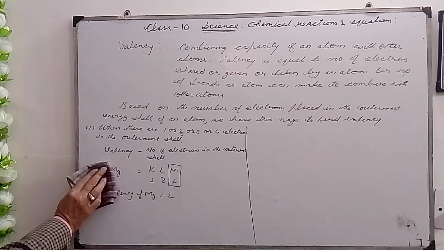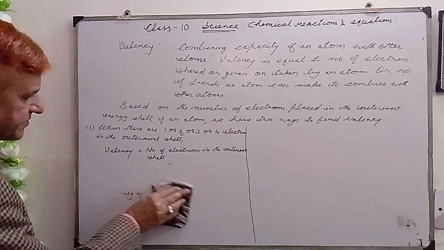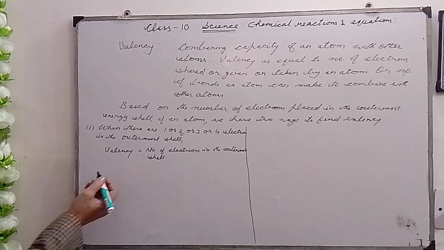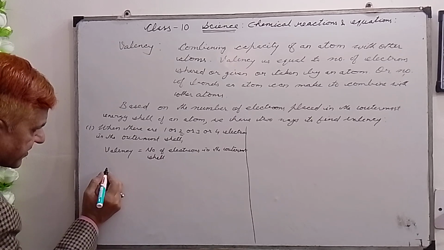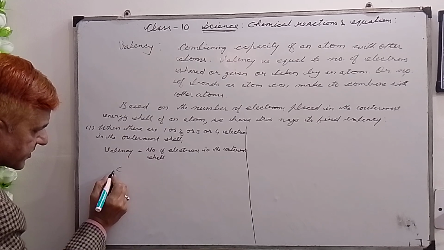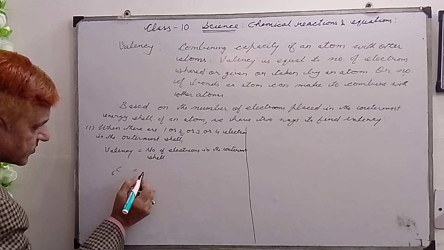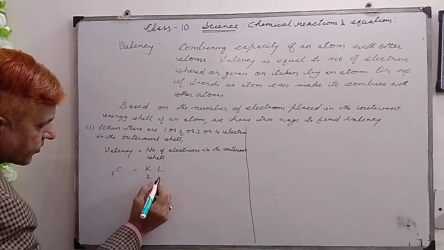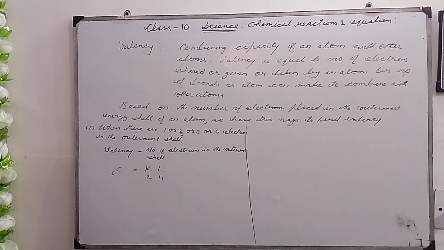Similarly, let's find the valency of carbon. The atomic number of carbon is 6, so the electronic configuration is 2 and 4.